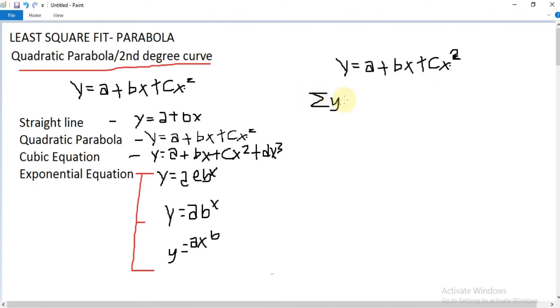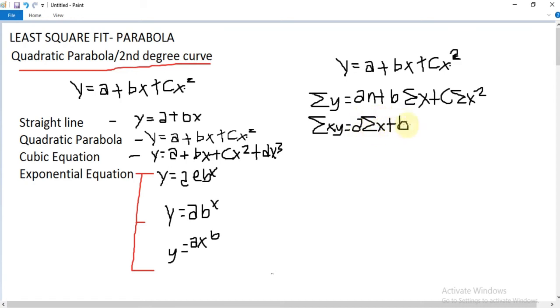So we use summation. Summation of y equals an plus b summation of x plus c summation of x square. Then expanding, summation of xy equals a summation of x plus b summation of x square plus c summation of x cube.